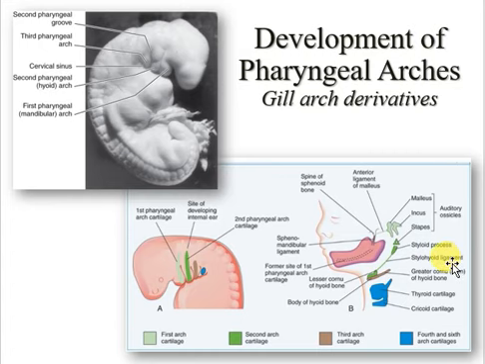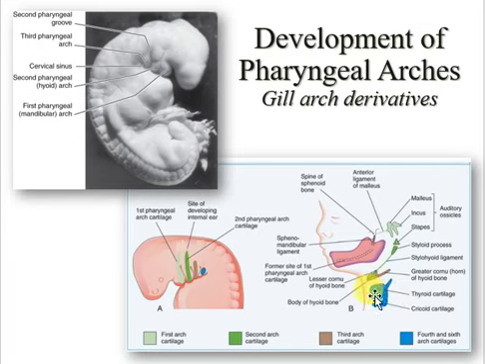The third arch, so that's this one here, is going to form the lower body or remaining portion of the hyoid bone. The fourth arch will give rise to the cartilages of your larynx and the cricothyroid cartilage.